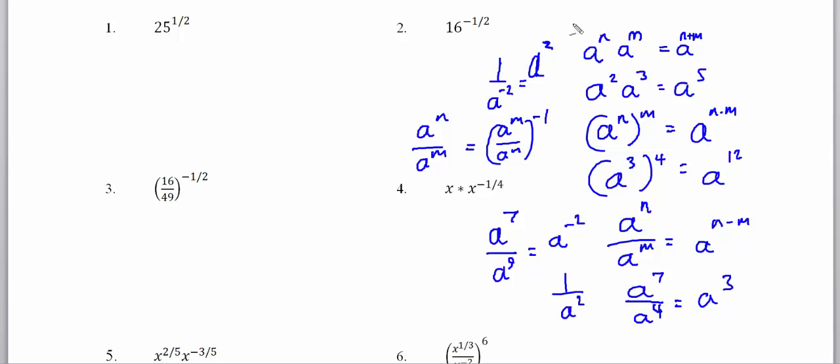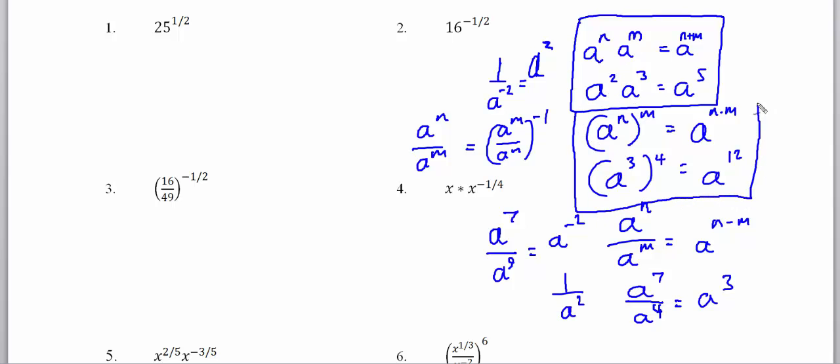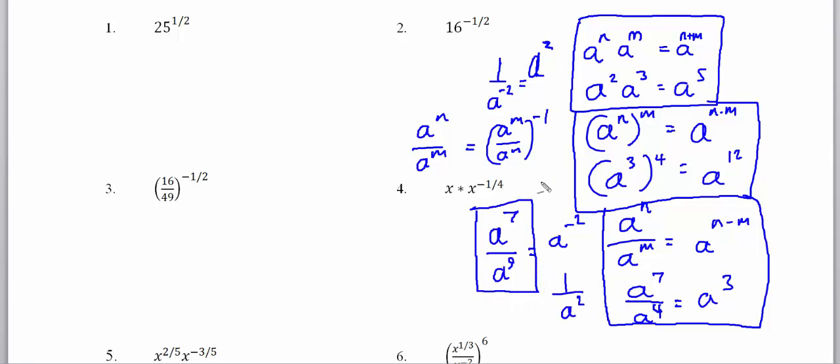So this is a lot of rules from previous chapters to kind of keep straight, and I want to highlight each of them. This is the product rule, which allows you to add the exponents. Here's the power rule, and the power to the power rule means you multiply these. This is the quotient rule, and the quotient rule applies for when the numerator is bigger than the denominator, but if the numerator is smaller than the denominator, then we have to go to the negative exponent rules, which are here with 2 stars, and here with 3 stars.